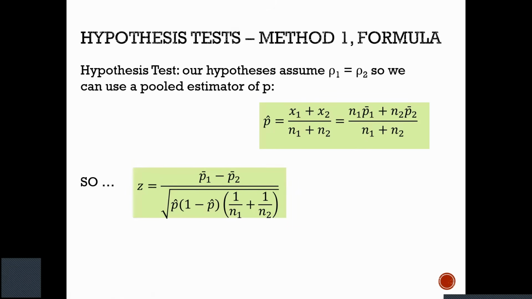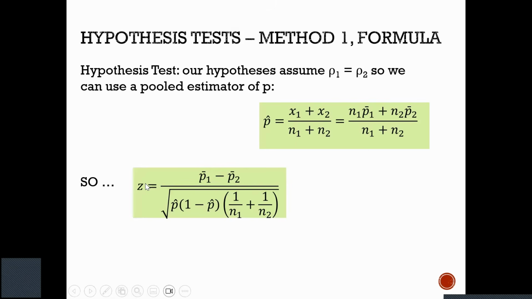So we took the total number of successes, which sadly in this case is injuries, over the total number of both groups. If you don't have the number of injuries, then you can take the group size times the proportion for that group, and then add the second group size times the proportion for that group, and then divide them by the total. Okay. And then that forms this thing called p hat, which is a pooled estimate.